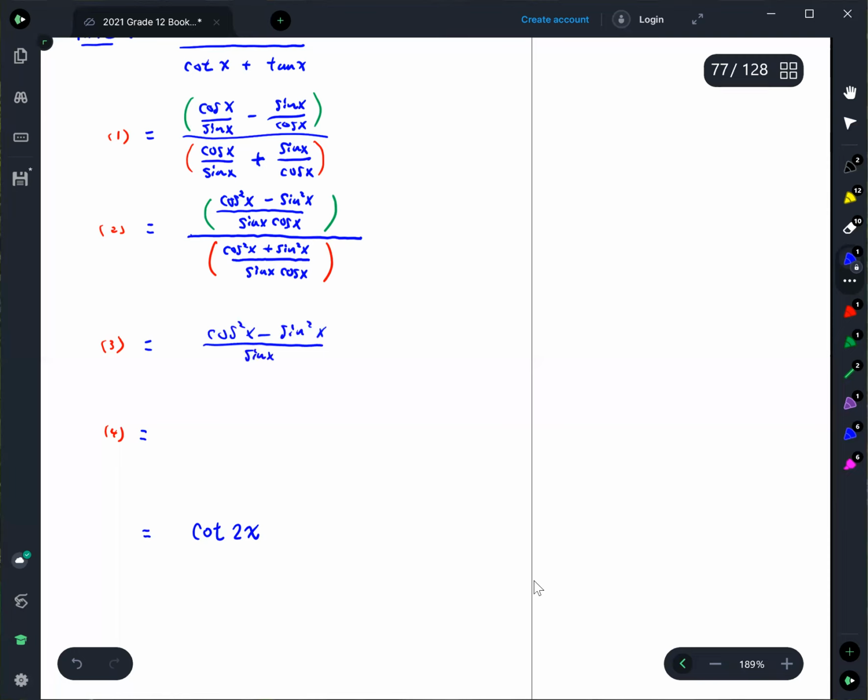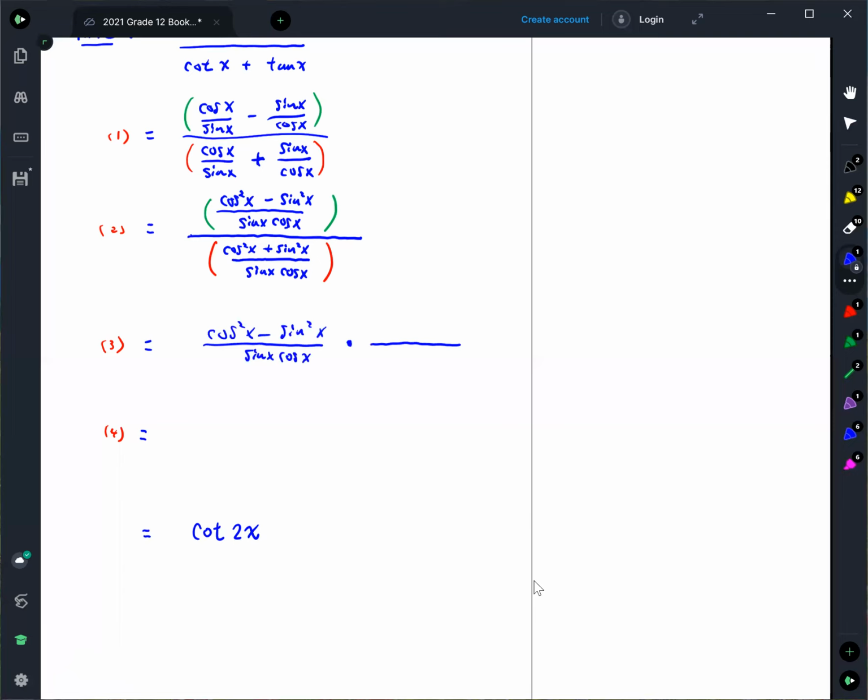But at the same time, other than just changing that to 1, I'm going to make it reciprocal, so we can save a line. It's not a big jump, right? I'm going to write it on the side, but then flip the denominator. So when you flip it, it will become 1 at the bottom instead, and sine x cosine x.